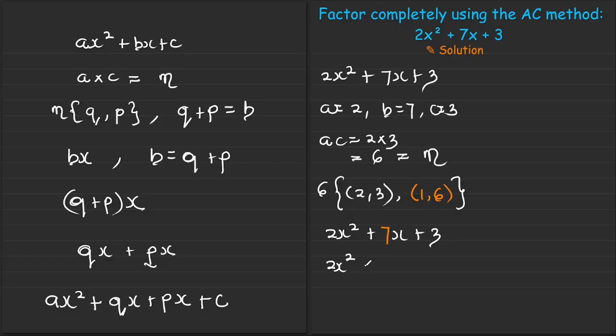Then instead of the 7, we would write plus 1x and then plus 6x plus 3. So you see, instead of the 7 now, what have we done? We have rewritten in terms of what? 6 and then 1. And you know, if you add your 6 to your 1, you are going to get 7. That is just what we've done.